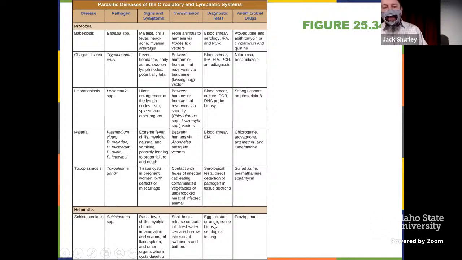So again, eggs in the urine or stool. And these guys, the schistosomes, we've got them in here as the helminths. They're a type of worm, a trematode, so a flatworm. Almost all of the flatworms are hermaphrodites, except for the schistosomes.